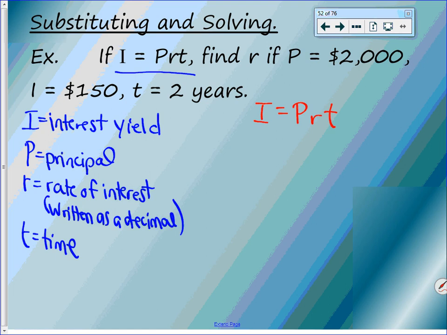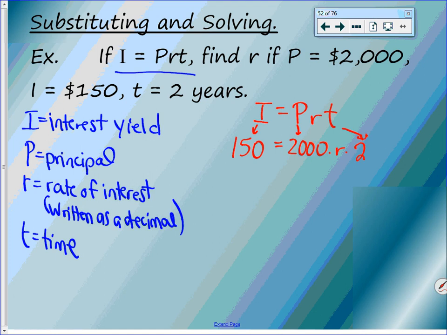So in this case, it earned $150 because I is 150, reading back here. The principal that was invested was $2,000, so that was there. It says find R, so I don't know R, and T is 2 years.